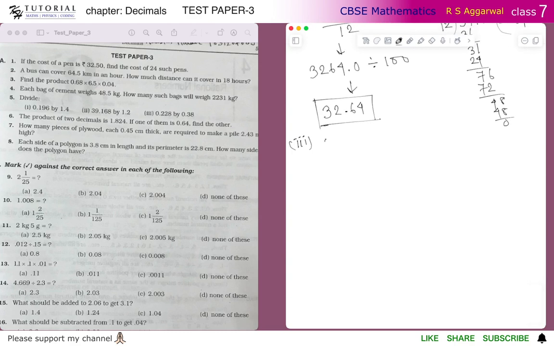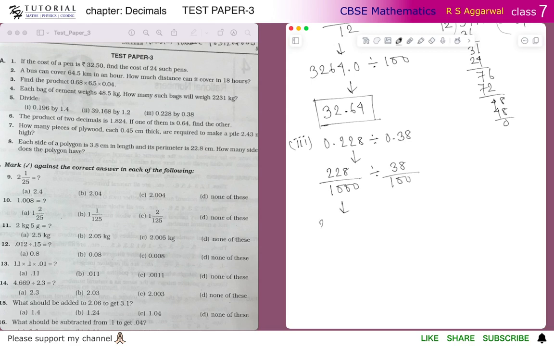So number 3 is 0.228 divided by 0.38. So first we convert the decimal numbers to decimal fractions, and this becomes 228 divided by 1000, because its decimal places is 3. This becomes 38 by 100.